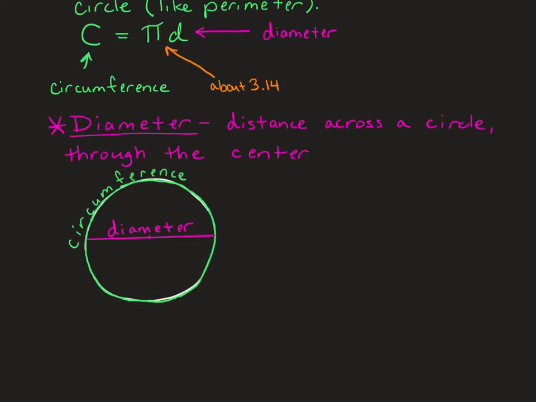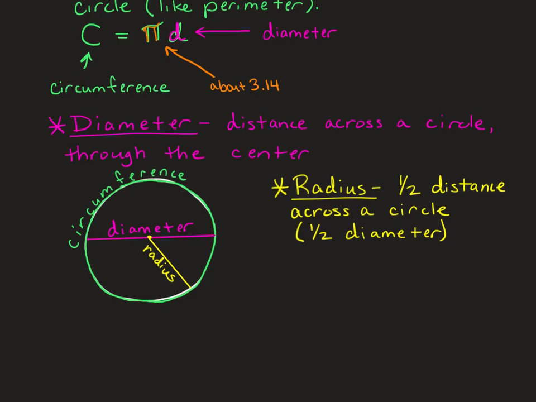And so we've been given this formula, C equals pi times d, where if we know the diameter, we can multiply by pi, which is about 3.14, and that gives us C, the circumference.